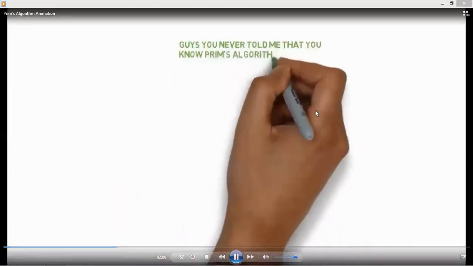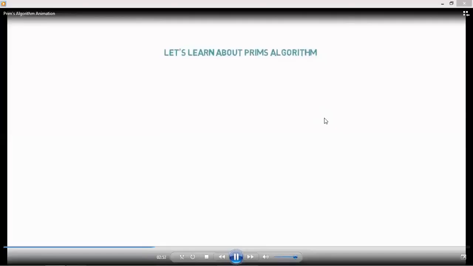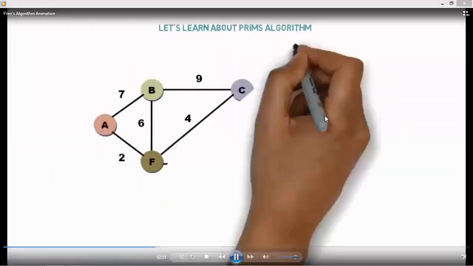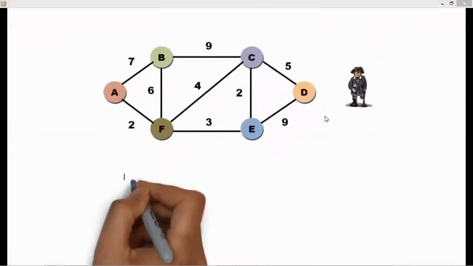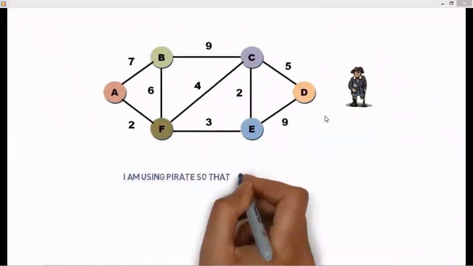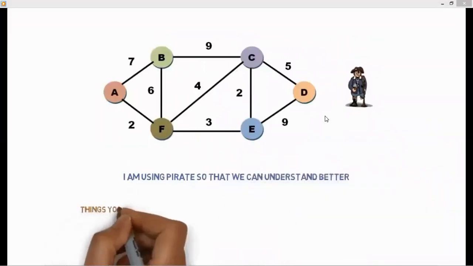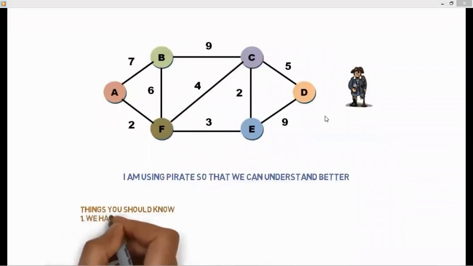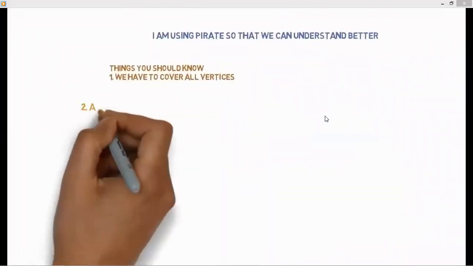Now we will see the example for the real order. This is the graph. We have to construct Prim's algorithm according to the weight, minimum spanning, minimum weight. Here, by using Prim's, we are constructing the spanning tree.